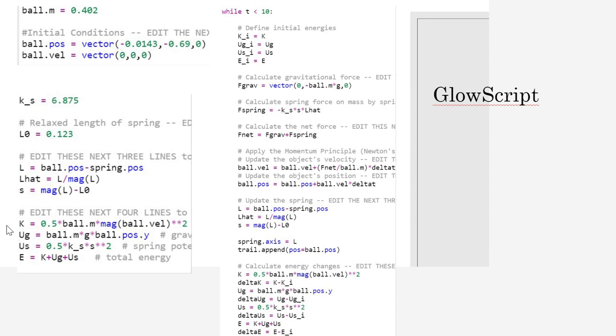And these 4 lines right here represent the energy principles that I was just mentioning. To update these energy principles, all we do is update the velocity and position using the velocity and position update formulas. Those formulas are given by calculating F net, which is F gravity plus F spring.